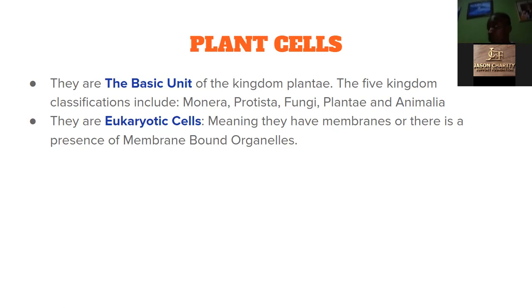We will get to this. That's why we are studying the cells now, looking at the structures so that you properly understand what differentiates a prokaryotic cell and a eukaryotic cell. A eukaryotic cell has membrane structures. That's what makes it a eukaryotic cell.